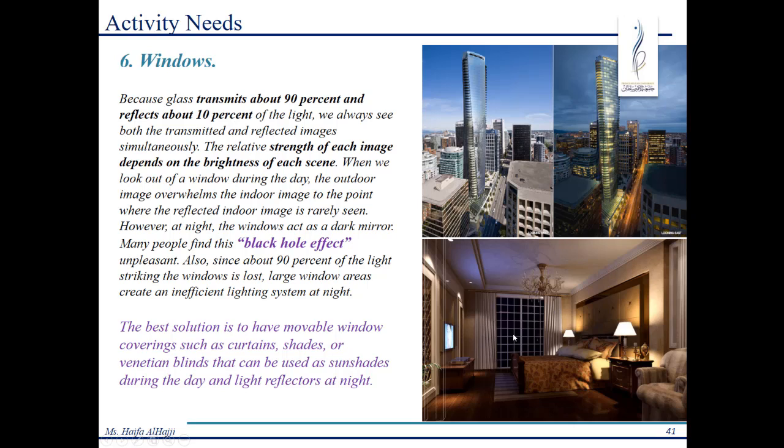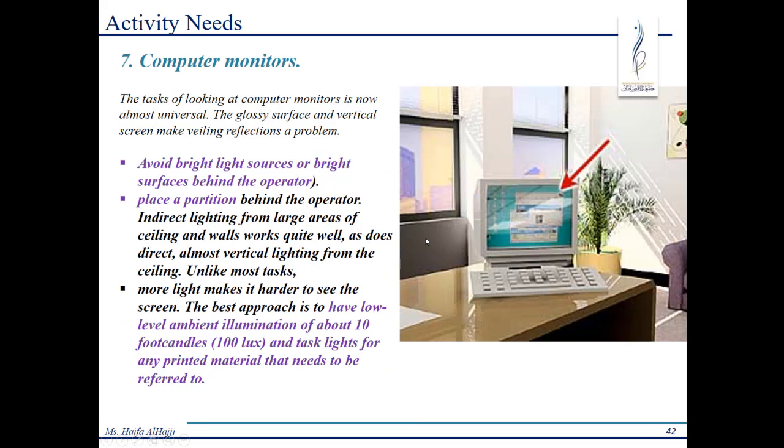Sometimes they are a museum or a restaurant. But if you have a restaurant, you need to take into consideration adding light to the outside because you don't want to have this effect, which is called the black hole effect. And adding a drape to the window sometimes is not desired. So you need to examine according to your case.